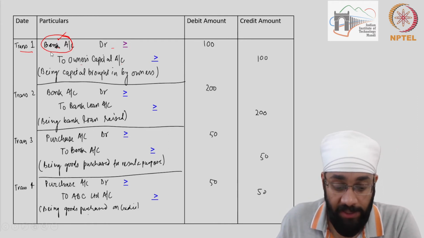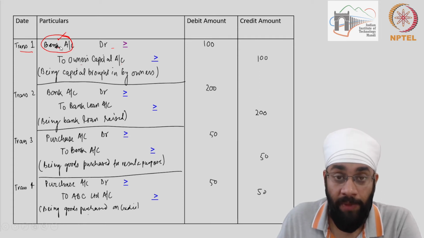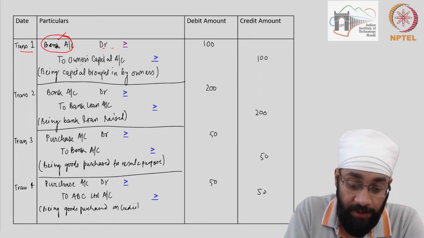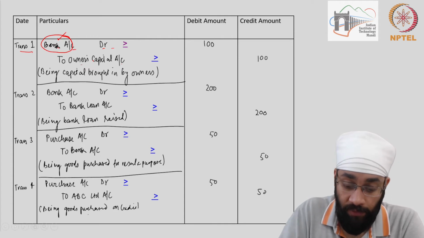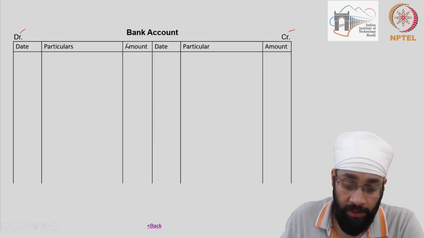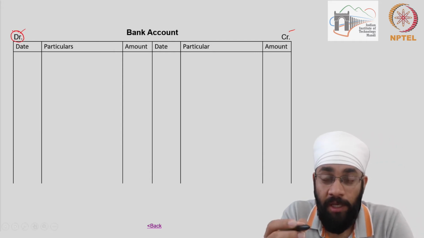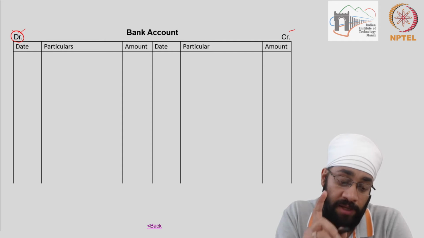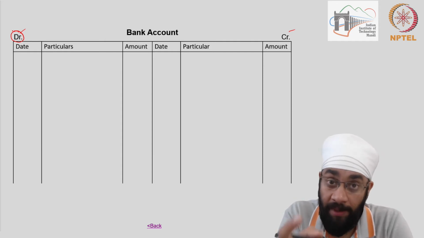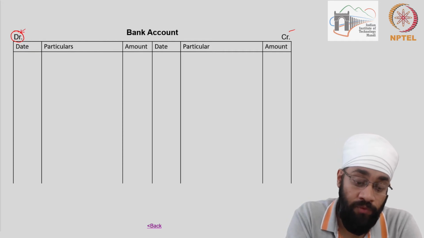In this transaction, we are debiting the bank account, giving a debit to the bank account. Therefore, we go to the bank account and look at the debit side. In the journal entry, the bank account is being debited, so you move to the debit side.